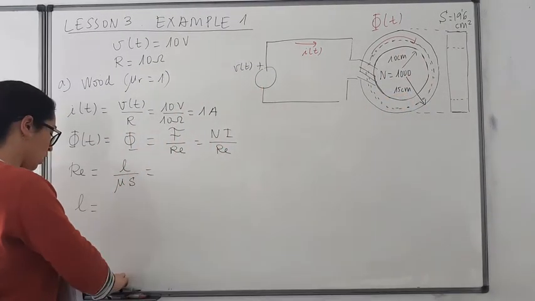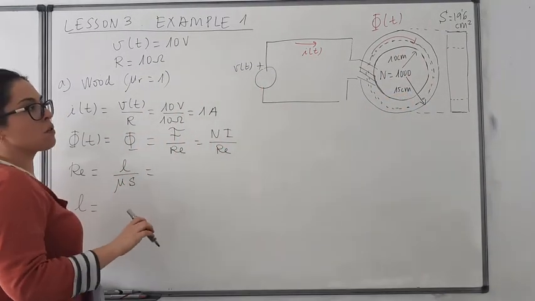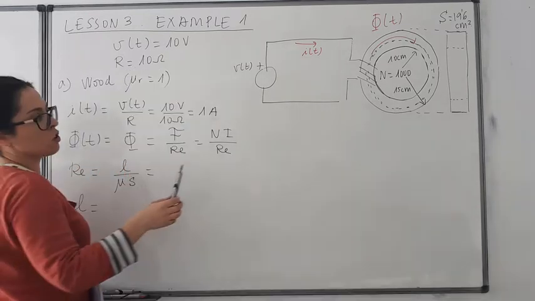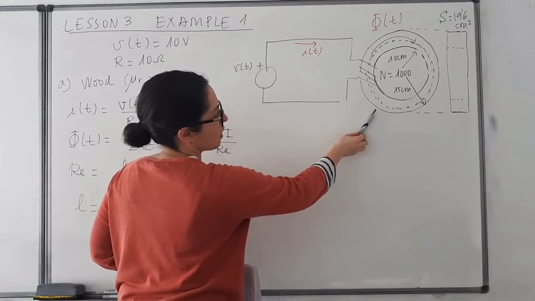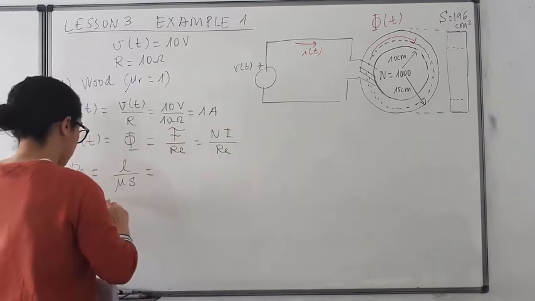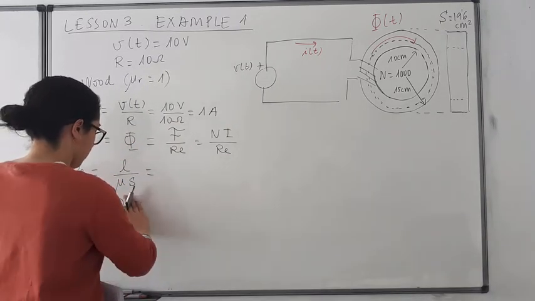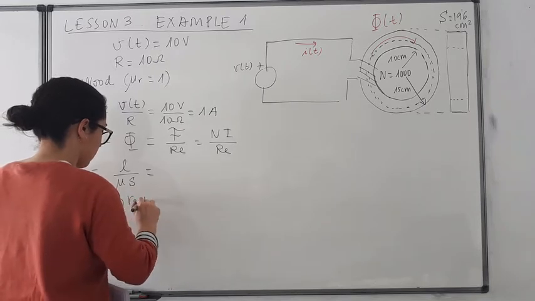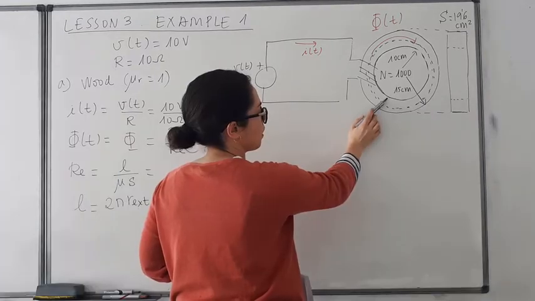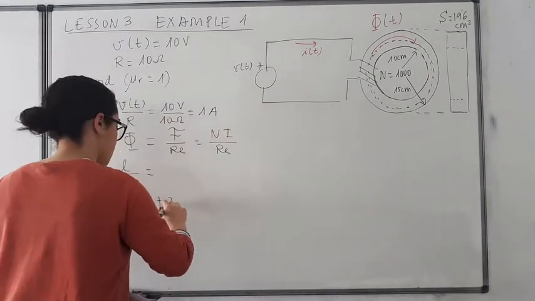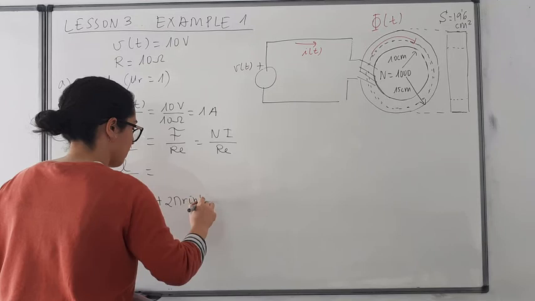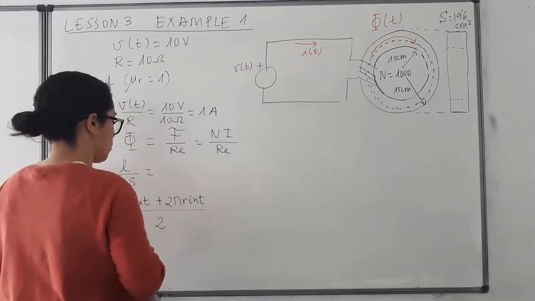To do so, you have to take the average of the longitude of the external circumference, which is 2 pi times the external radius, plus the longitude of the internal circumference, which is 2 pi times the internal radius, divided by 2.